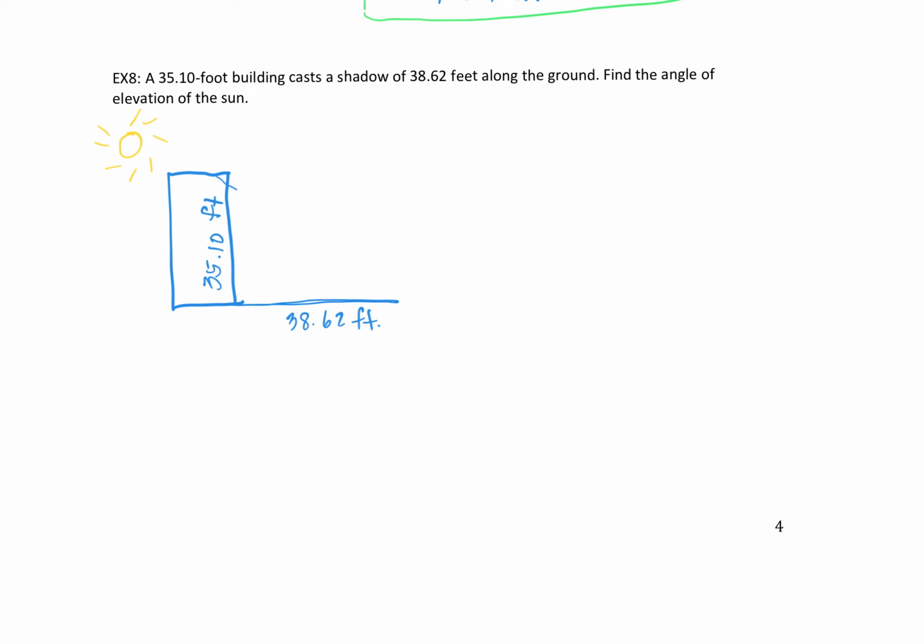So we're going to have this angle of elevation of the sun. If you see of the sun or to the sun, it means the same thing. Elevation means going up. So that angle from the horizontal ground is going up, and it's an angle of elevation.